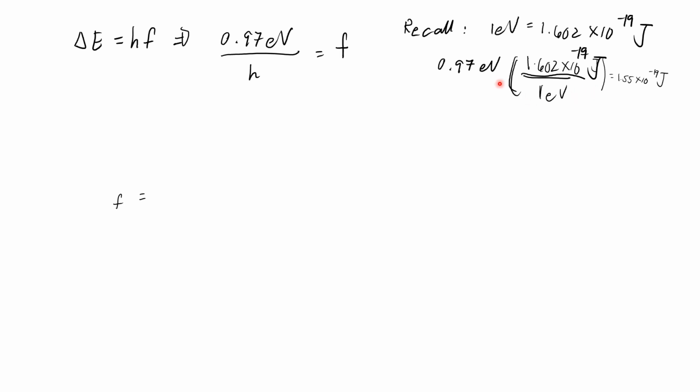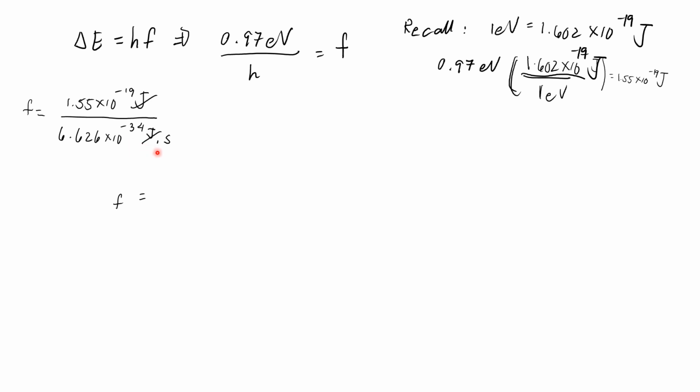So 0.97 electron volt times 1.602 times 10 to the negative 19 joule per 1 electron volt. Cancel the electron volt. So this is equivalent to 1.55 times 10 to the negative 19 joule. So delta E here is 1.55 times 10 to the negative 19 joule. So again, the frequency is this over h, which is 6.626 times 10 to the negative 34 joule seconds.